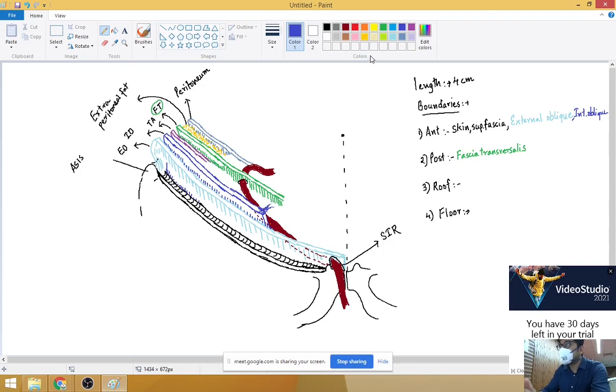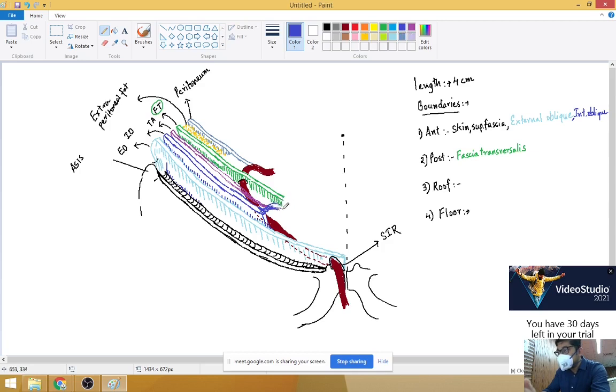Some fibers from the transversus abdominis also will come, and these two fibers will combine and go up like that to form the conjoint tendon.